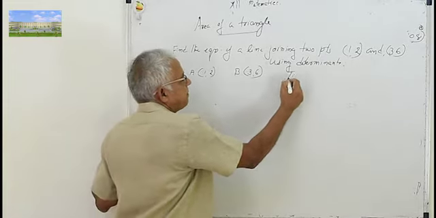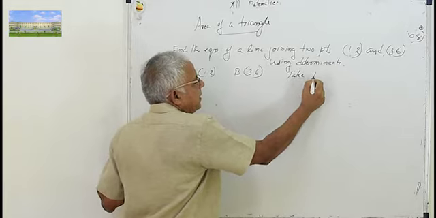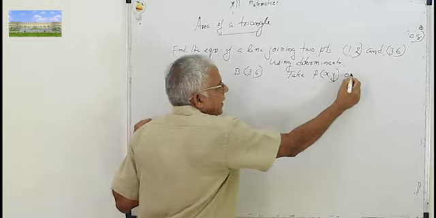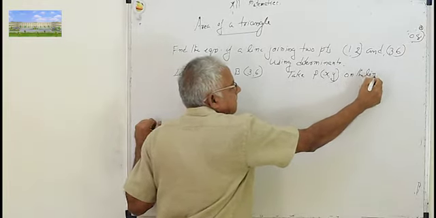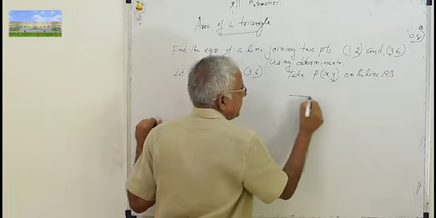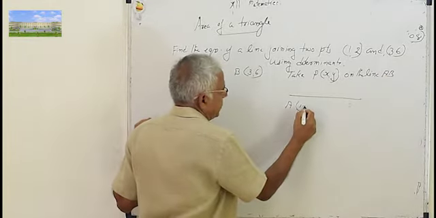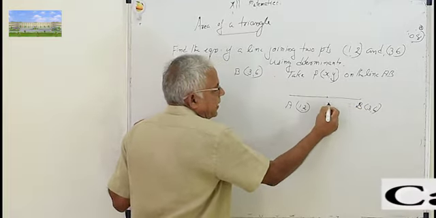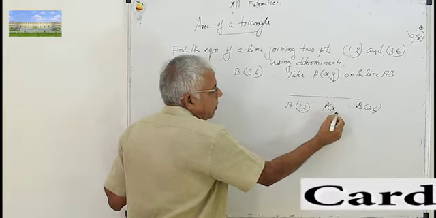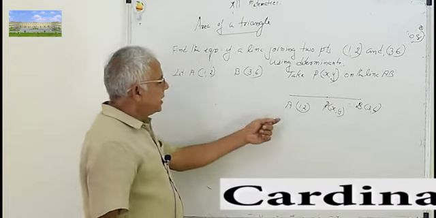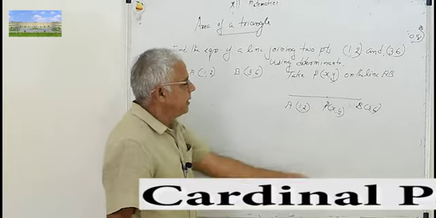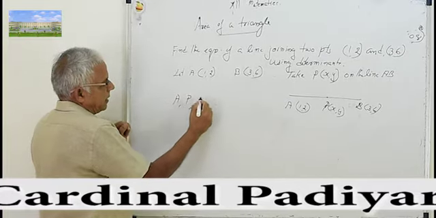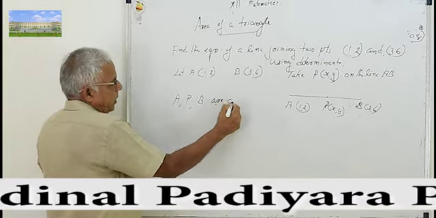Take a point P (x, y) on the line AB. Here A, P, B lie on a line AB, so A, P, B are collinear.